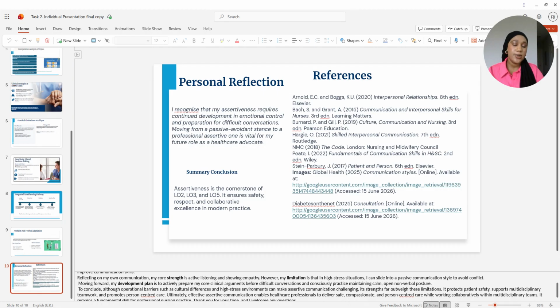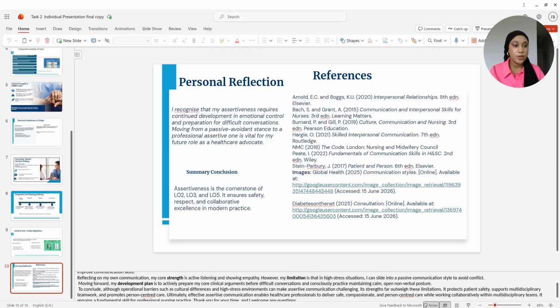Moving forward, my development plan is to actively prepare my core clinical argument before difficult conversations, and consciously practice maintaining a calm, open, non-verbal posture.